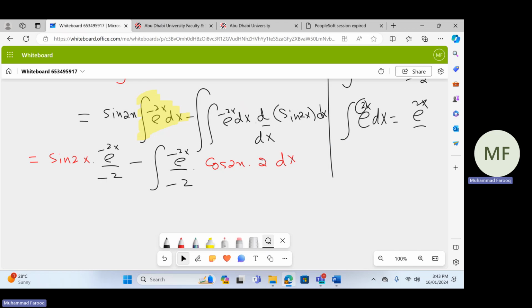Why did we differentiate the sine 2x, not integrate? Because as per the by parts rule, the second function is integrated and the first function is differentiated. In the ILATE statement, the exponential function is always second.